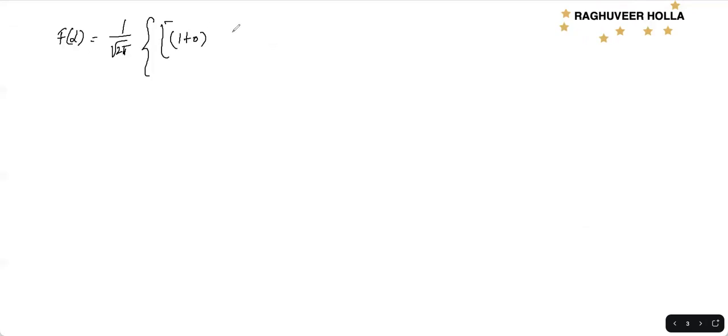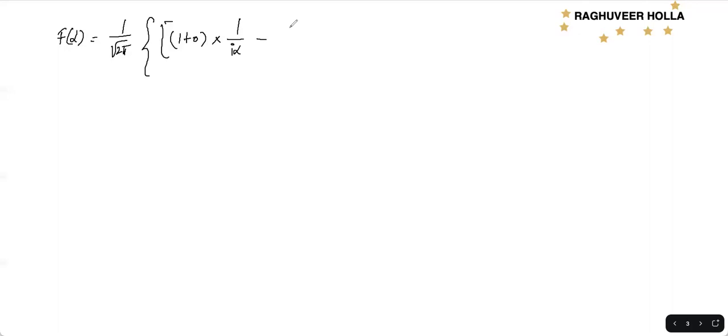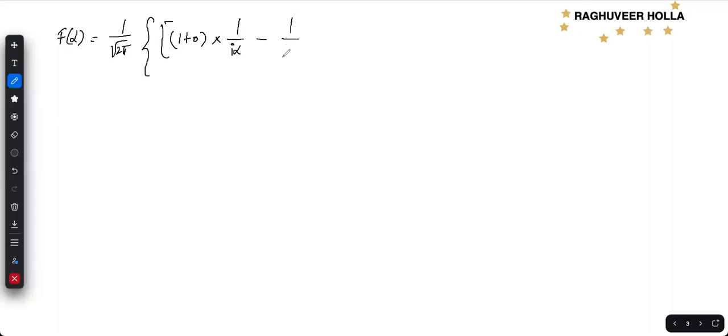So F of alpha is 1 by root 2 pi, substituting 0: this is 1 plus 0 into 1 by i alpha, minus e to the power 0, which is 1, so this is 1 by i square alpha square.